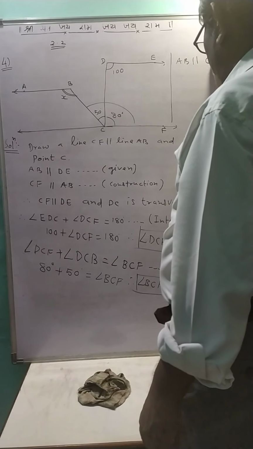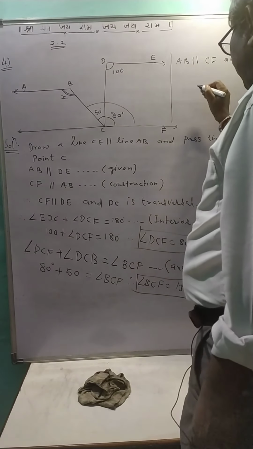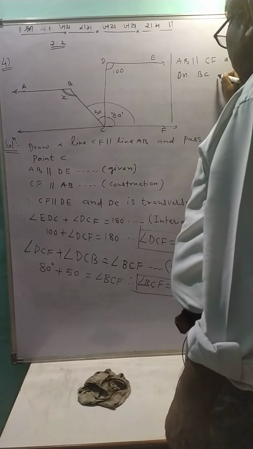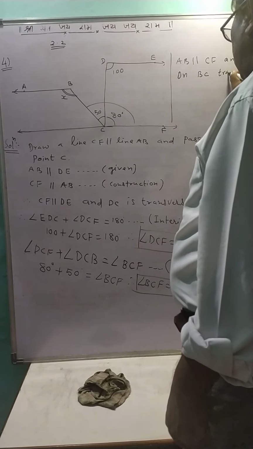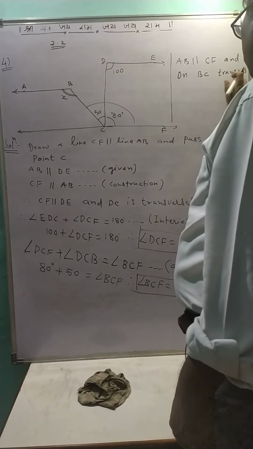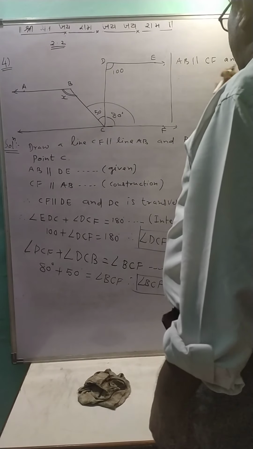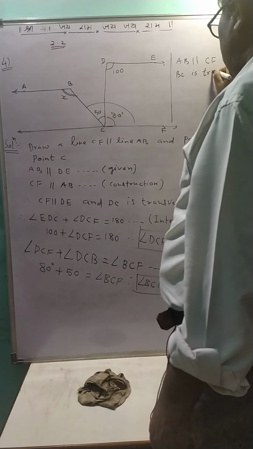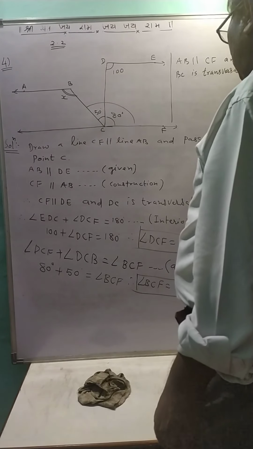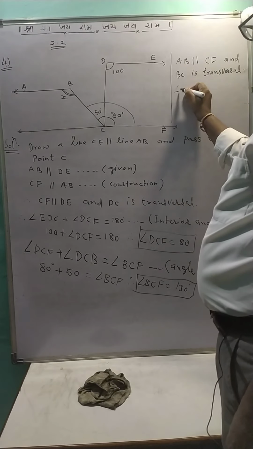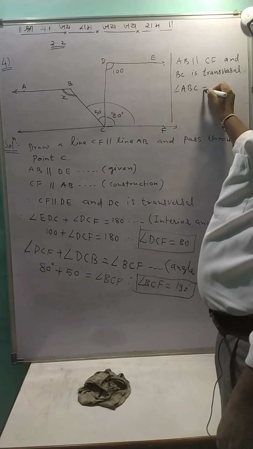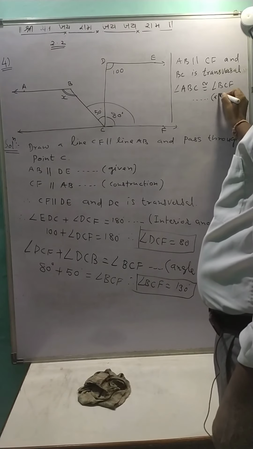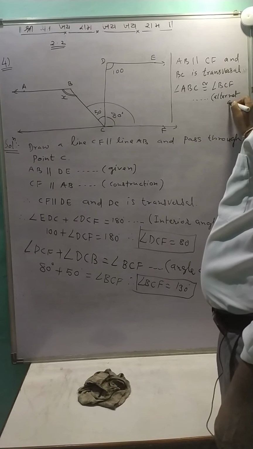Angle ABC is congruent to angle BCF, alternate angles.